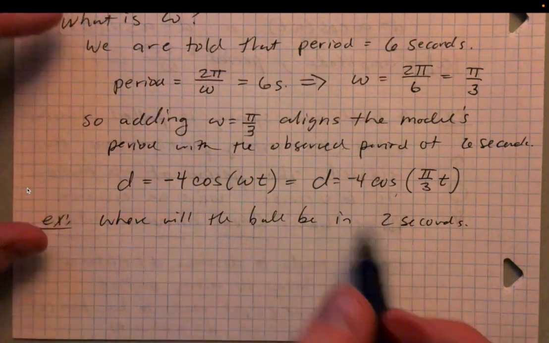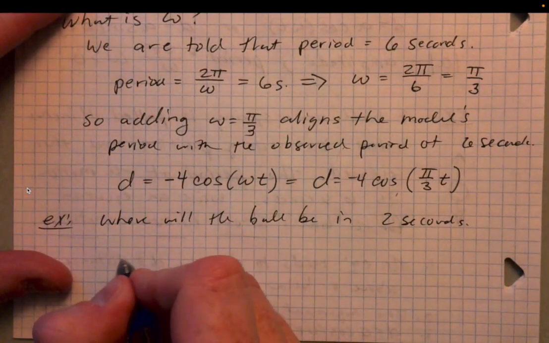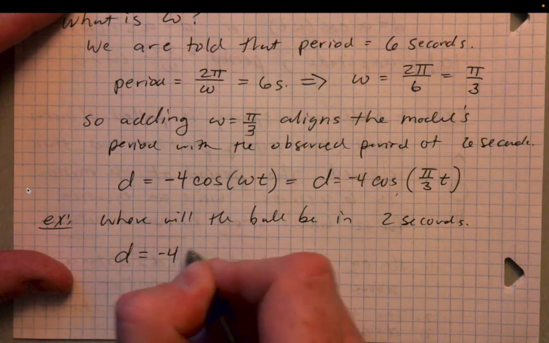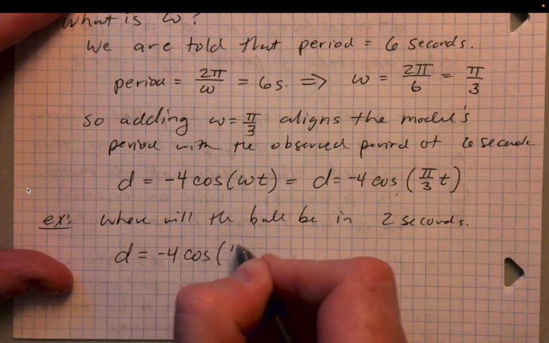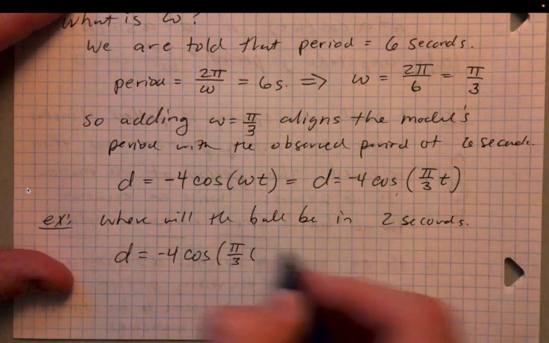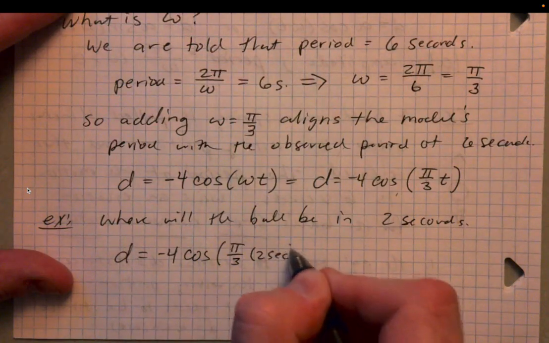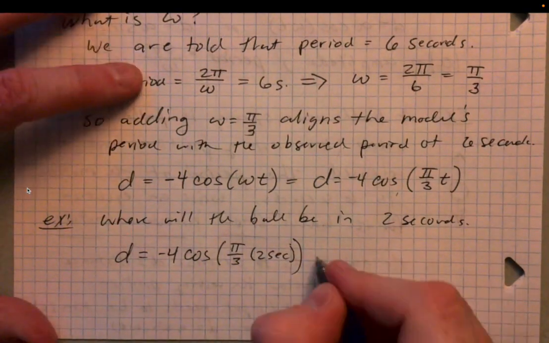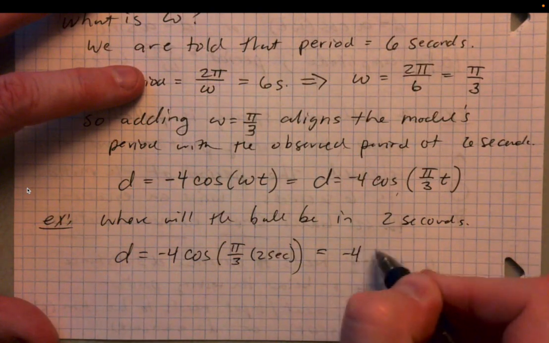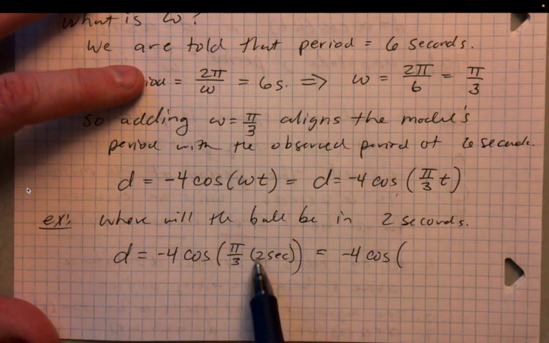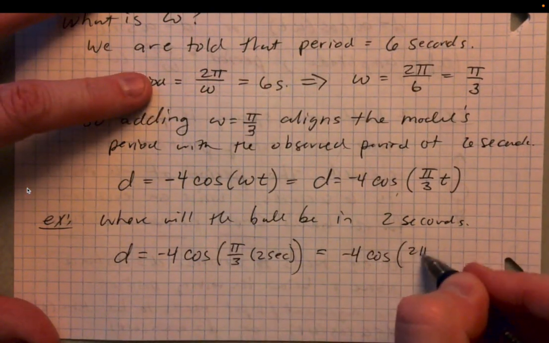Well, it's a simple matter of plugging it into the equation. So d is equal to -4 times the cosine of pi over 3, in this case, times 2 seconds. Okay, and so I get -4 times the cosine of 2 pi over 3.